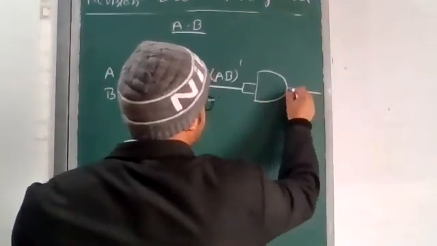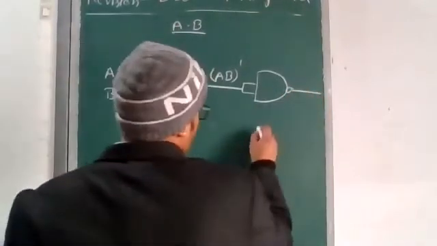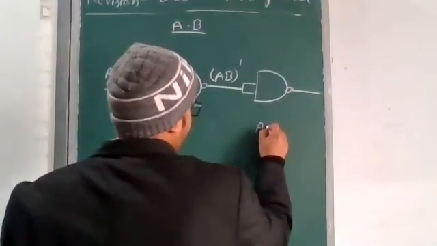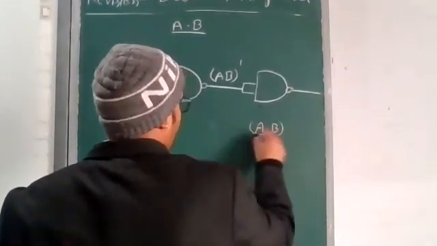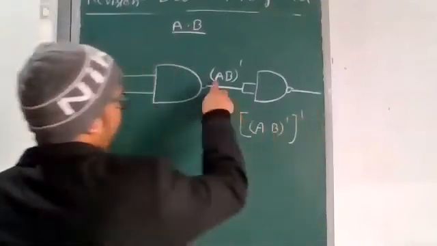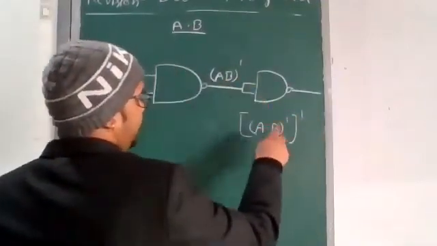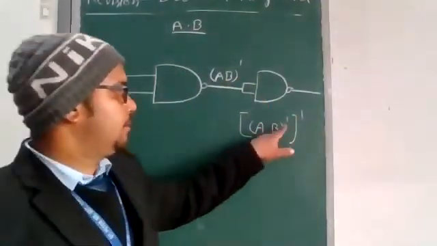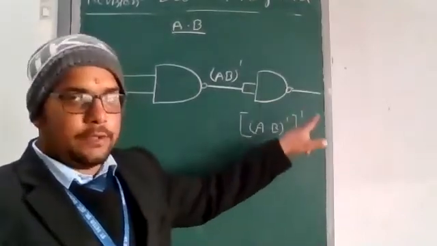Then, by using the complement law, look: the complement of A dot B is an input, and again one more complement.